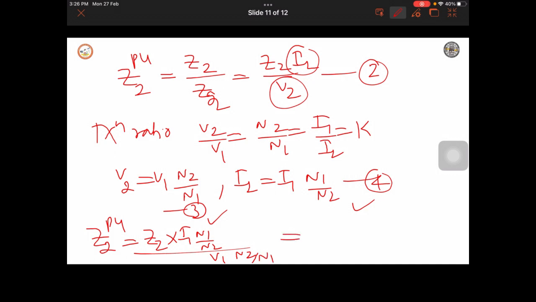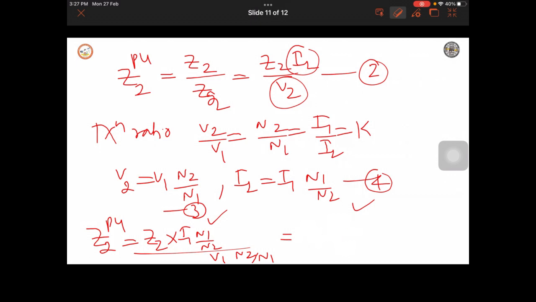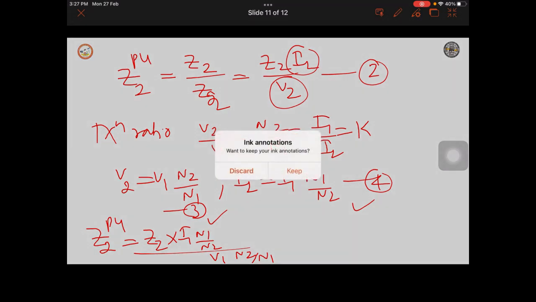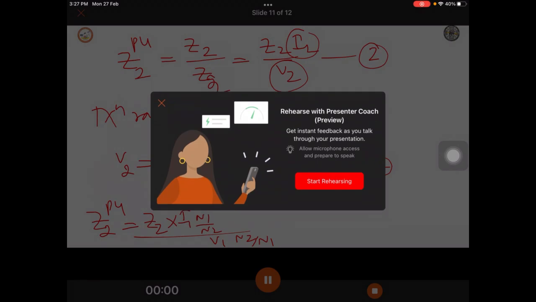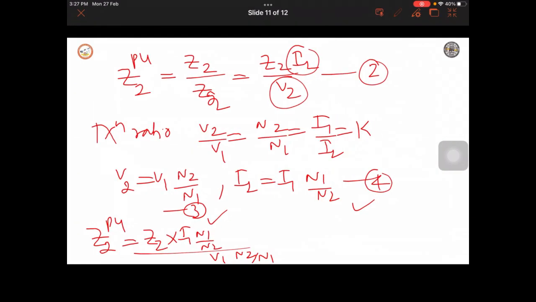If you simplify this, we will get Z2 into I1 by V1.